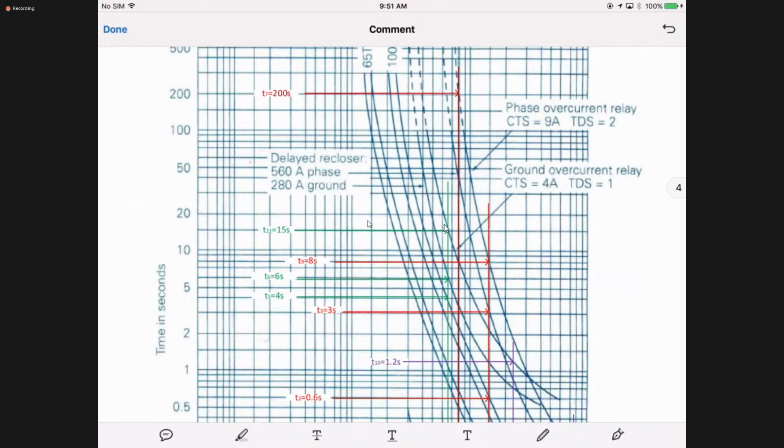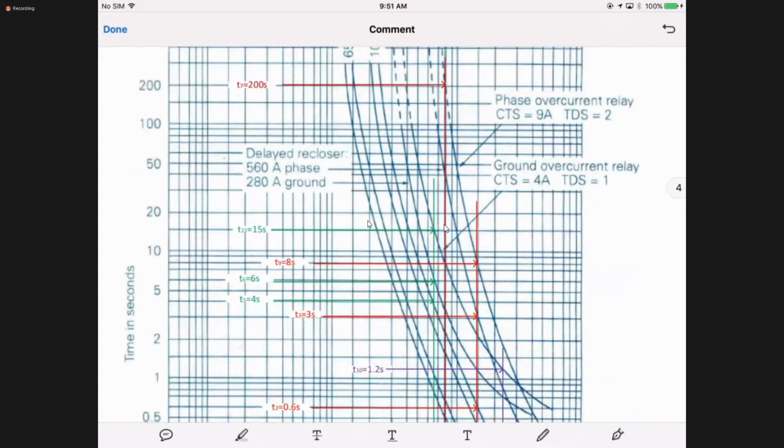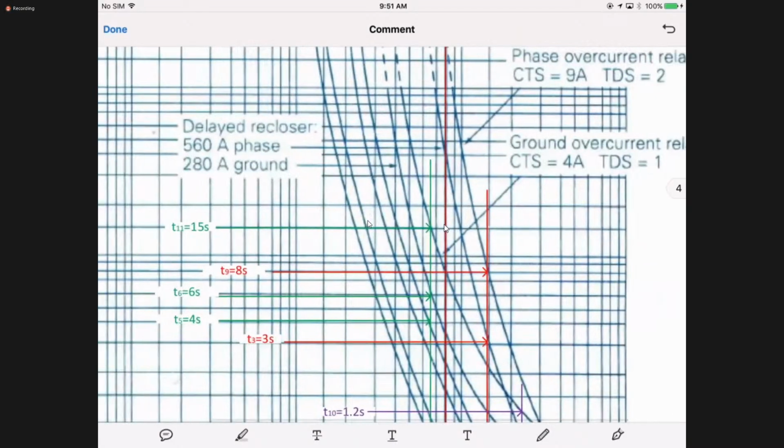Okay. Now, if the fuse is blown, that's okay. If the fuse is stuck or the path bypasses the fuse, in your electrical path you have the fuse here, but the fault is bypassing. So the fault will go in this way. It has nothing to do with the fuse.